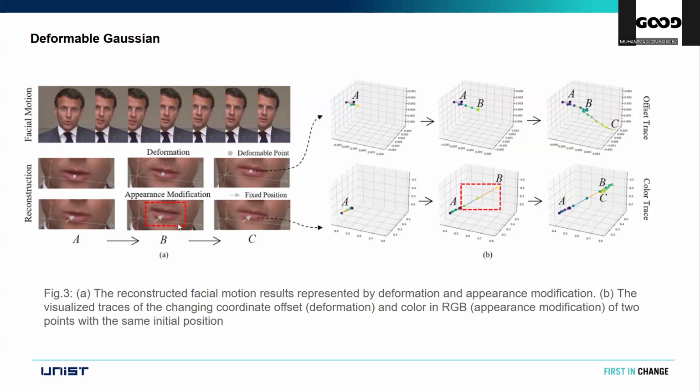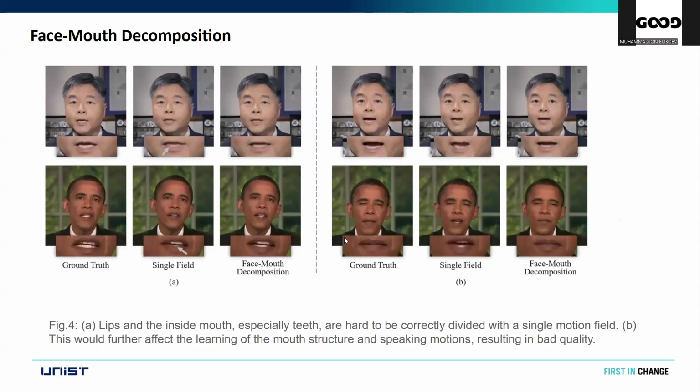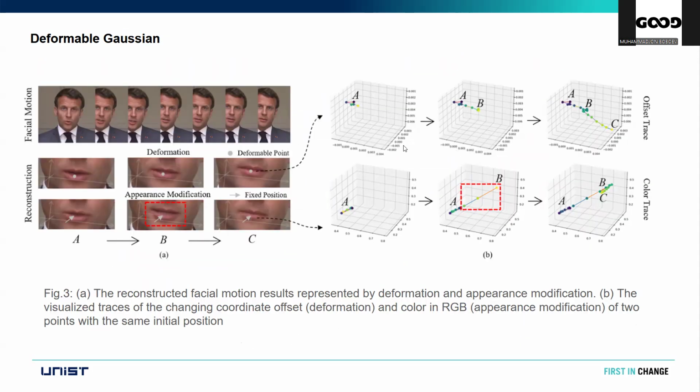So from A to B, B to C. The thing they want to show here is that the change from A to B, B to C is continuous, because they are tracking the deformation from one frame to the other, which is easy to do: we can just reconstruct it by adding or subtracting the offset. And here they also track the color trace, or how the color changes across multiple frames as we move from the initial point to the final point.